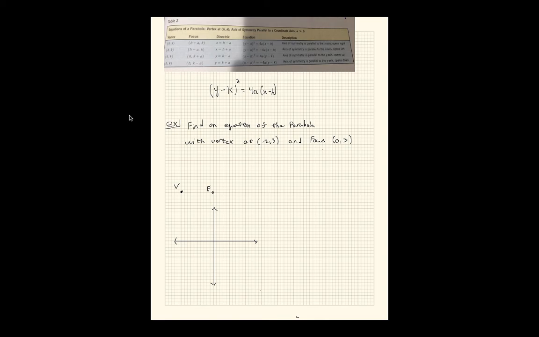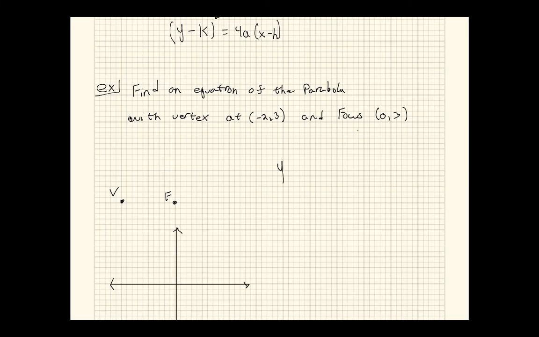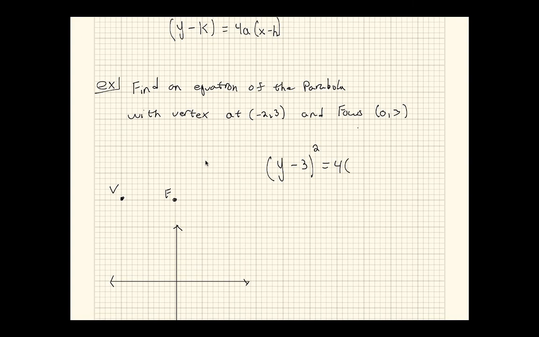If I'm trying to come up with an equation, I know my vertex, the y coordinate is 3, so I have y minus 3 squared equals 4 times, I still don't know what a is, do I? I can find it pretty quick from my graph, but let's finish out.